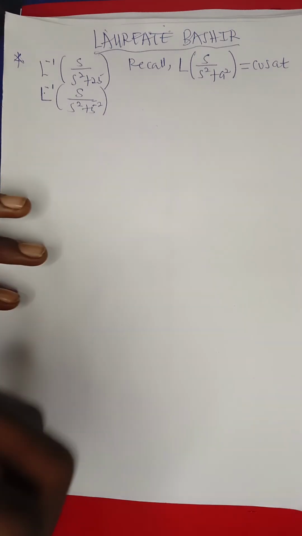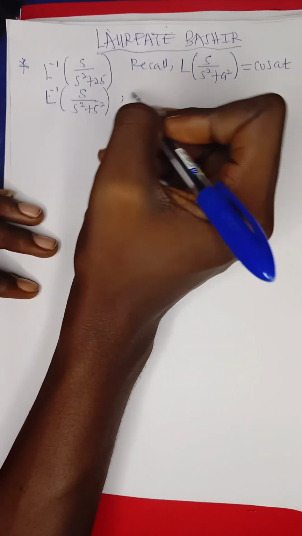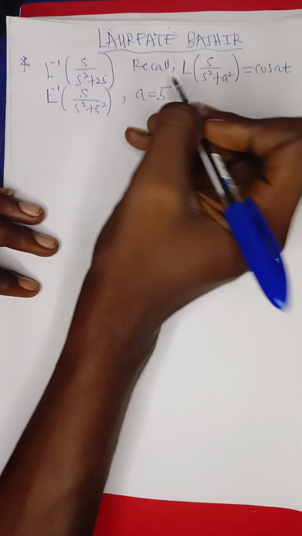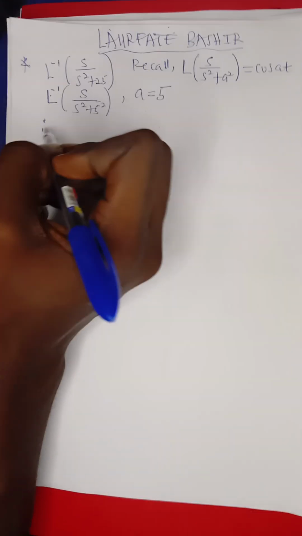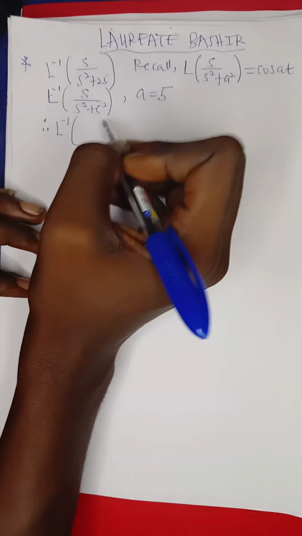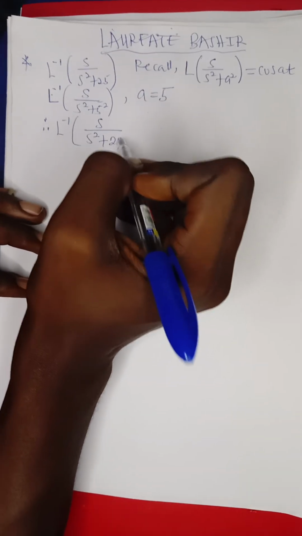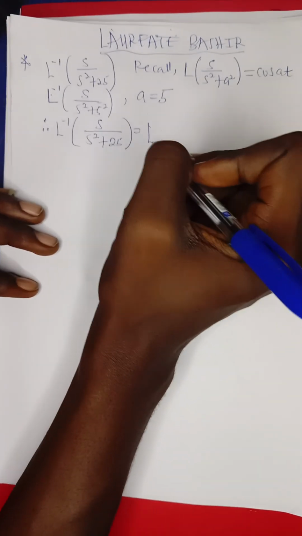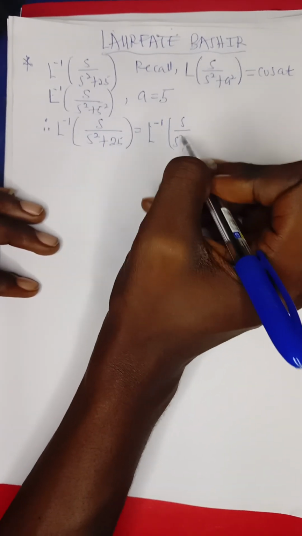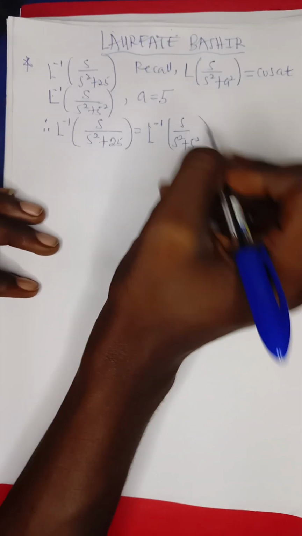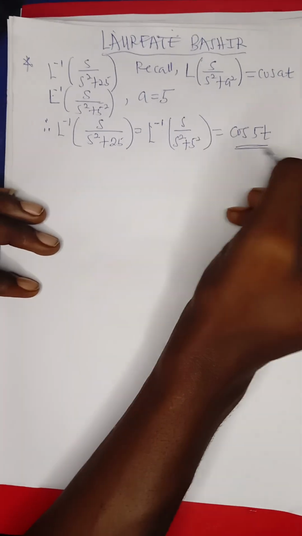So now your a is like 5. You understand? So therefore the Laplace inverse of s over s square plus 25, which is the same thing as the Laplace inverse of s over s square plus 5 square, will be equal to cos 5t. That's it.